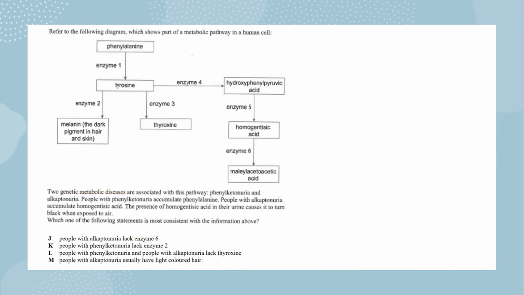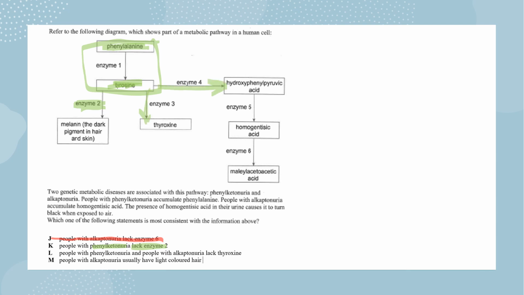All right, so just really quickly, can we rule out the other ones? We have specified that we think J is correct. First thing, it's saying people with PKU lack enzyme 2. Okay, so if we lacked enzyme 2, we would have a buildup of phenylalanine and tyrosine. So we would have both. But then, actually, in saying that, we probably wouldn't because it has this output all the way over here as well.